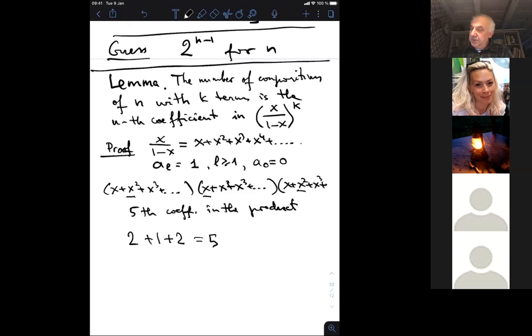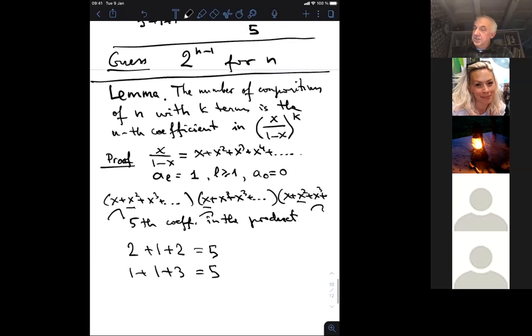If we pick 1 from here, 1 from here, and say 3 from here, this would be 1 plus 1 plus 3. This will give us another composition of 5, and all possible choices will give us all possible compositions of 5 in exactly three terms.